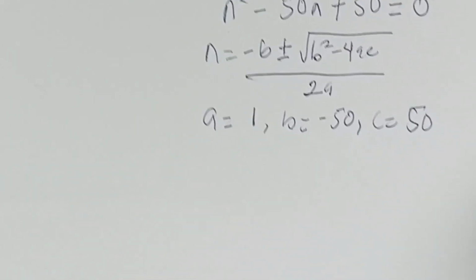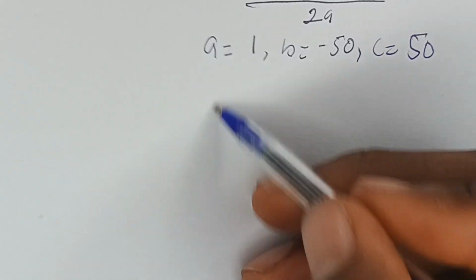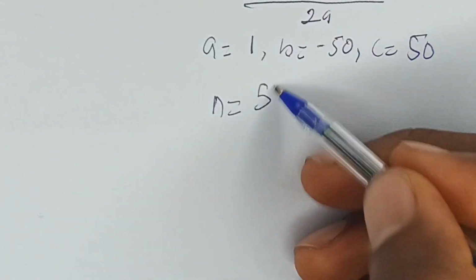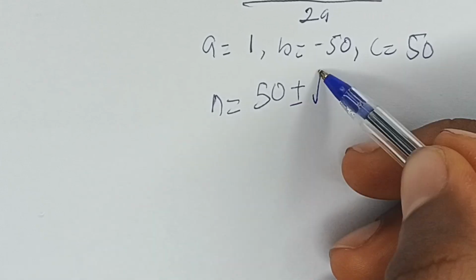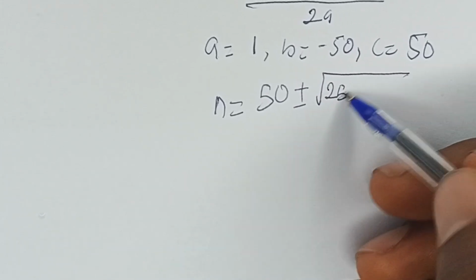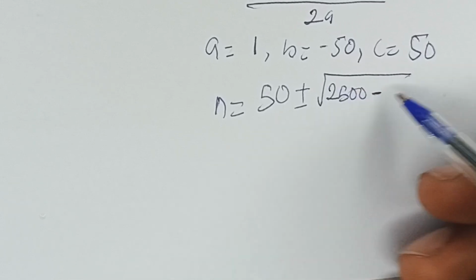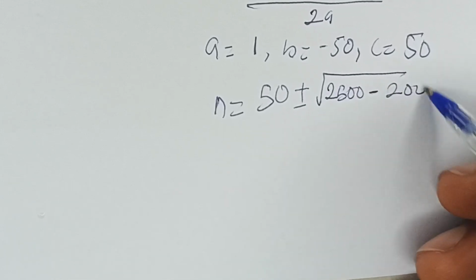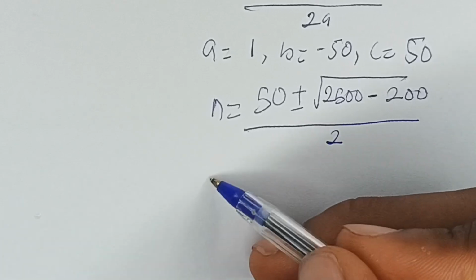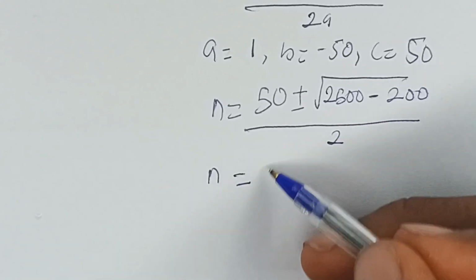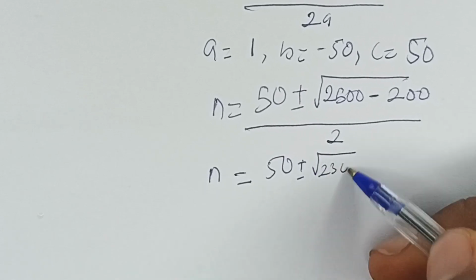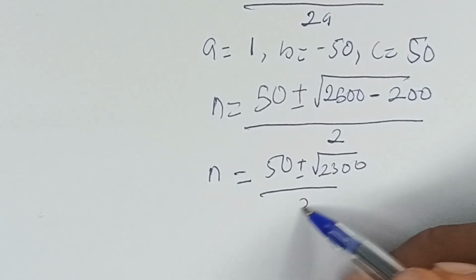Moving on from here, we have that n will be equal to minus minus 50, which is plus 50, plus or minus square root of 50 squared, which is 2500, minus 4 times 50, which is 200, all over 2 times 1, which is 2. Now n becomes equal to 50 plus or minus square root of 2300 all over 2.